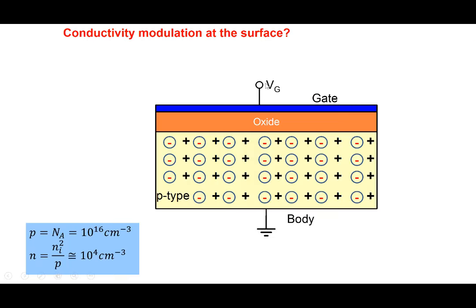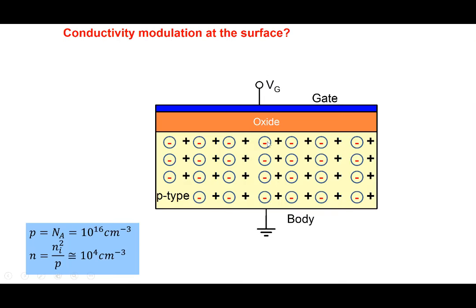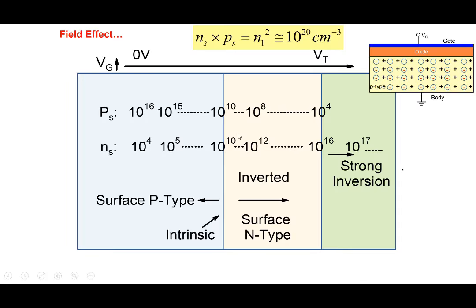So now we are going to apply the gate voltage, more and more positive gate voltage. What it will do is push the holes away, and the hole density at the surface will keep on going down. We are looking at the surface itself, just trying to concentrate on what happens at the surface here. Positive voltage will push the holes away, and the hole concentration at the surface will go down.